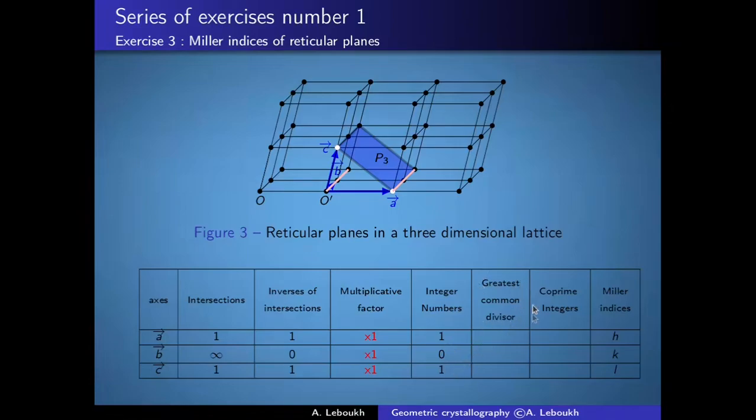The greatest common divisor here is also 1. And we find the coprime integers, which are the same numbers, 1, 0, 1, which are the Miller indices h, k, l of this plane P3.